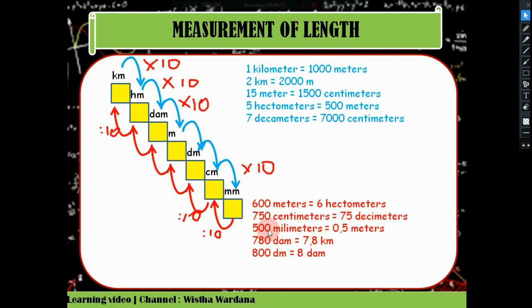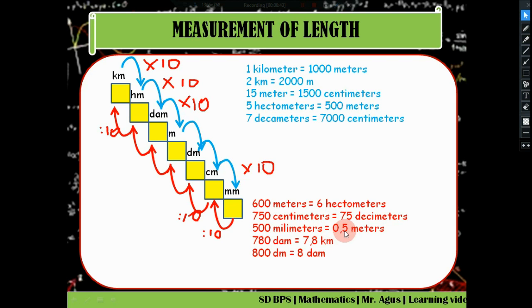And if you have 500 millimeters and change it into meters, you move up 3 steps from millimeters to meters, so you divide 500 millimeters by 1000. So the answer is 0.5 meters.